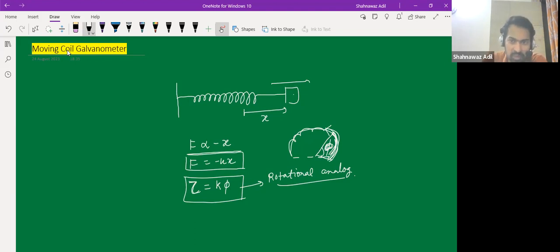The coil is moving, but due to Hooke's law, it is getting back to its original position. So then you have some deflection, and in that way you can see whether some current is flowing or not. So this is what we mean by moving coil galvanometer.